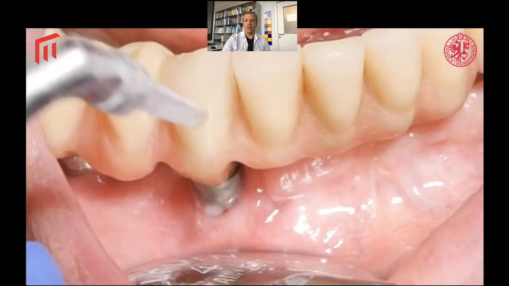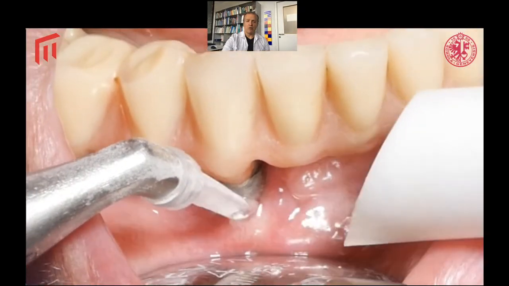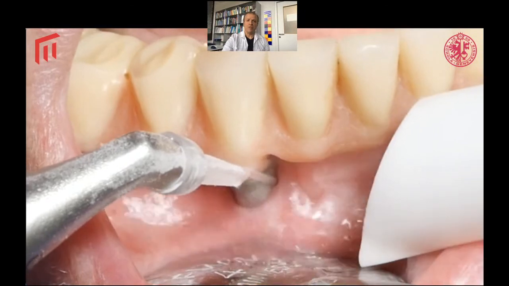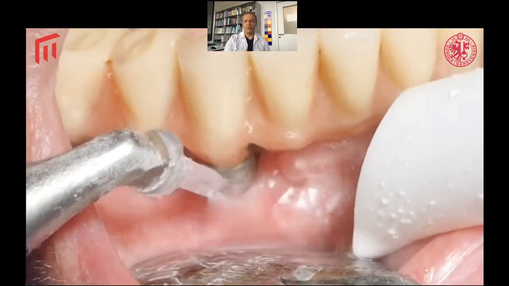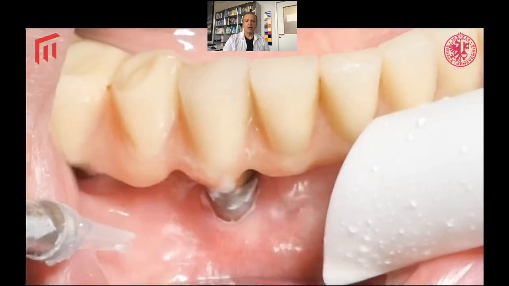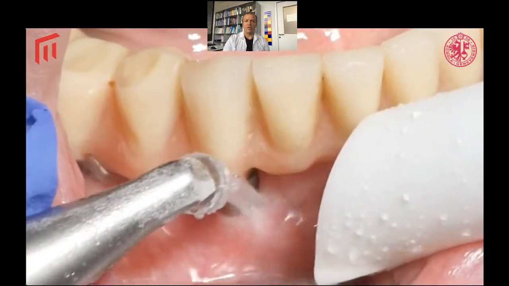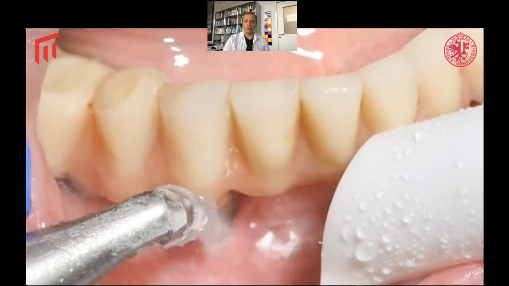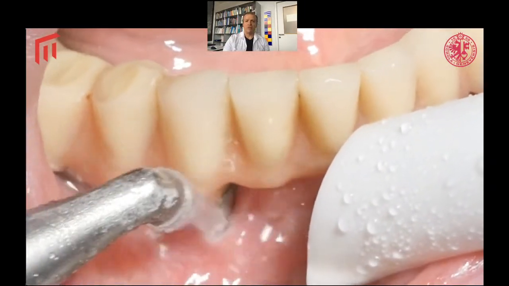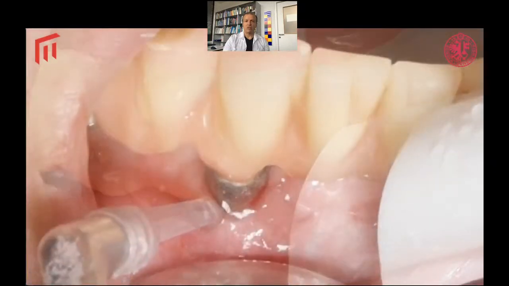So the new trend is to use the air polishing devices. There are different models. They are desktop models, so you can have a separate unit you can put on the side of your chair. They are handpieces that you can connect on your unit. So they're different devices. They have different configurations.